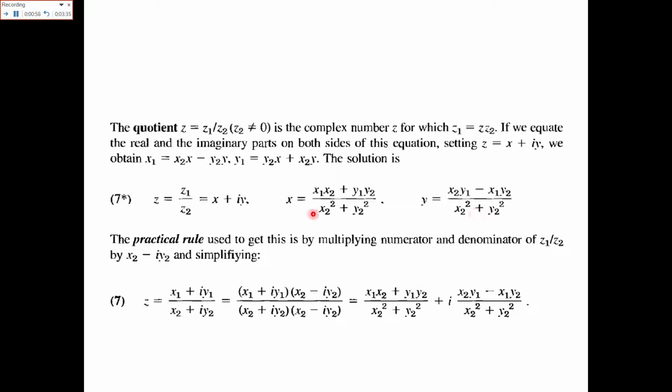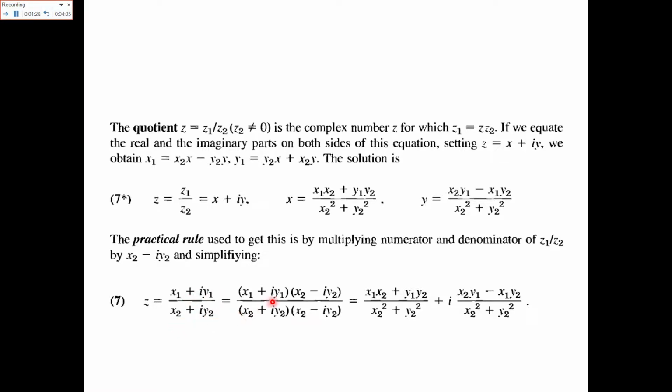Here we can see that in the division of the complex number, the denominator is basically free from the imaginary or the iota form. So how the quotient rule works and how is this division possible? We will multiply the numerator and denominator with the conjugate of the denominator. Like the given question was x1 plus iota y1 divided by x2 plus iota y2.